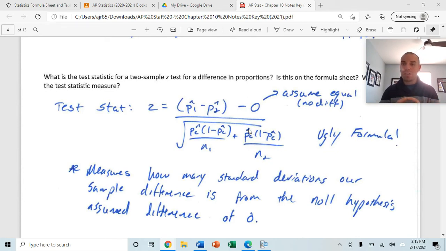And again, we have to use this new standard error because we're assuming that P sub 1 is equal to P sub 2. What does this measure? This Z-score measures how many standard deviations our sample difference is from the null hypothesis, assuming the difference is equal to 0. There's a lot in here, but it's really not as challenging as it looks, okay? You'll see that it actually is pretty straightforward and pretty easy to answer these questions.